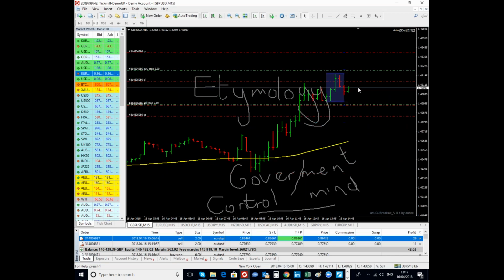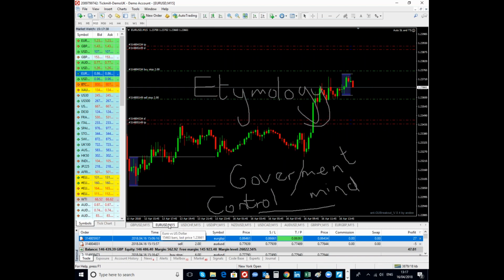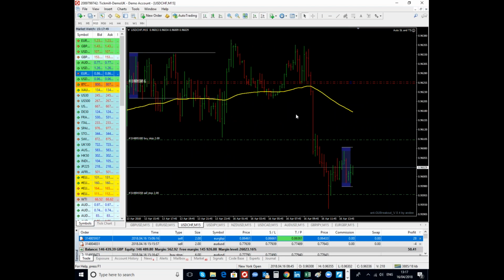Now this here could be a break to the upside by the look of the price action itself. We'll see what that does. Euro dollar, at the moment not seeing much, but markets are starting to liven up a little more than previously. Dollar Swiss, we're not seeing much movement there at the moment. We need a bit more to see something happen.